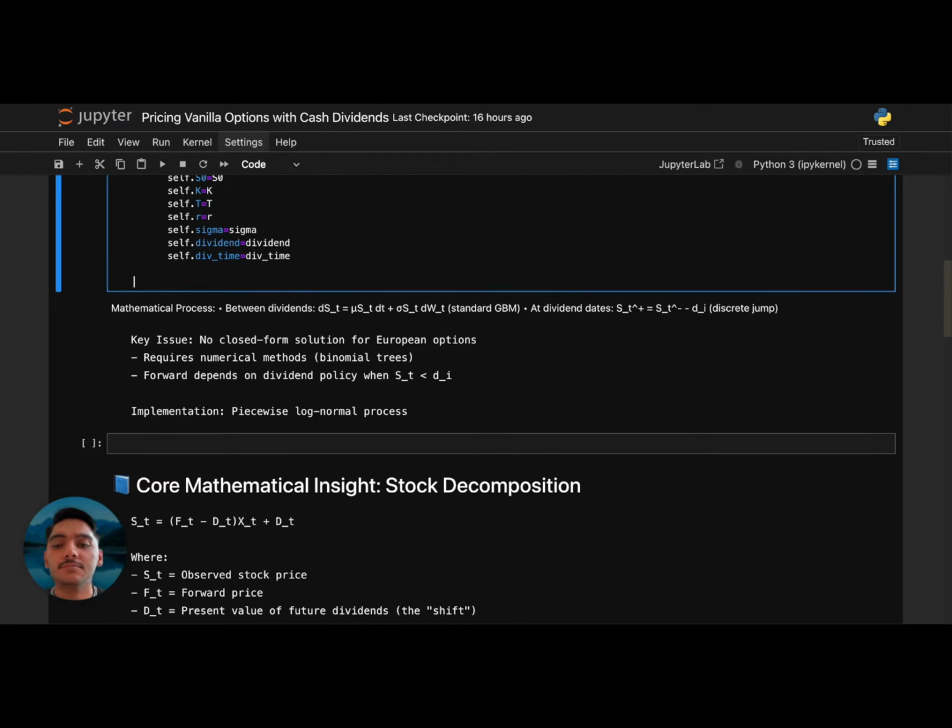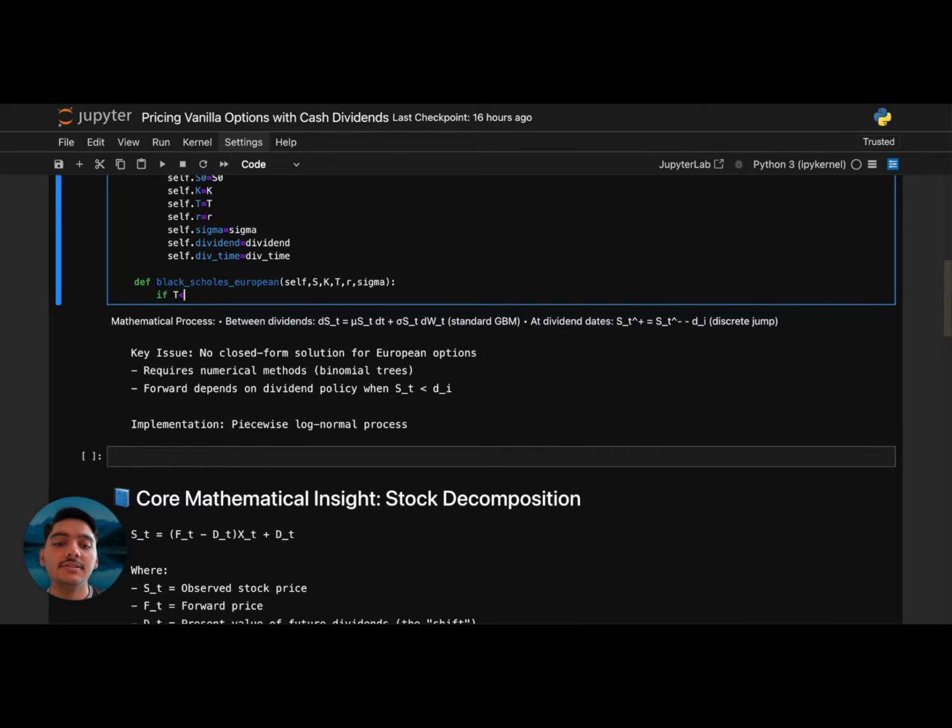Now let me define the function for Black-Scholes also, for comparison purposes. The function takes self and the parameters S, K, T, r, and sigma.